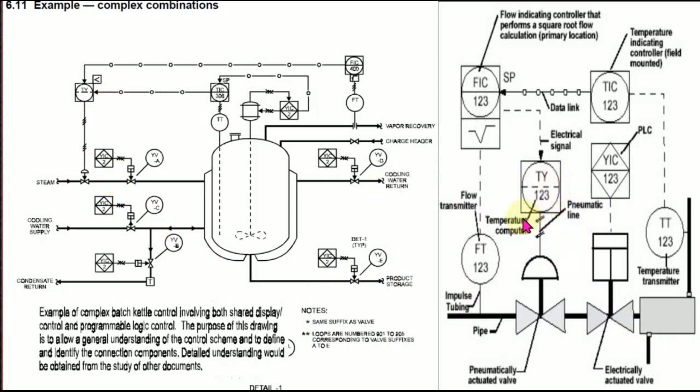TY means temperature computer. This symbol here is a flow indicating controller that performs a square root flow calculation, primary location. And here is TIC, temperature indicating controller, field mounted. So that is TIC.